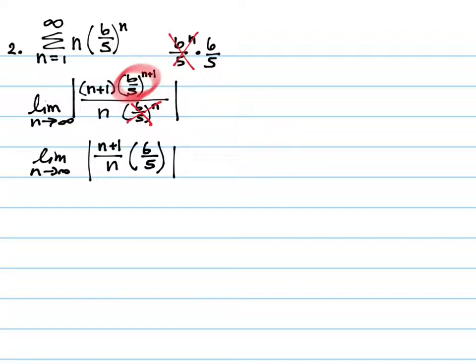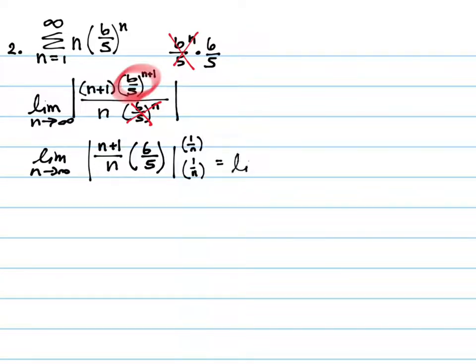So if I were to take a look at this and think really all that matters is n over n, and I only looked at this part, just ignore the 6/5 right now, the limit of the polynomial over polynomial part would be 1, right? Because I have n plus 1 and I have an n. The plus 1 doesn't matter. It's really like n over n. And the way that we've actually shown that every time to be accurate is that we've multiplied the top and the bottom by 1 over n.